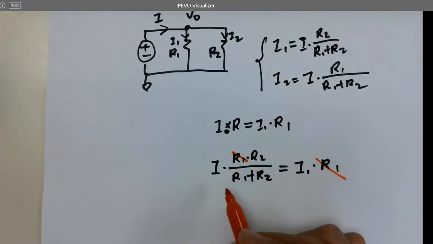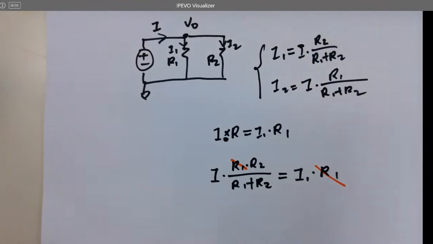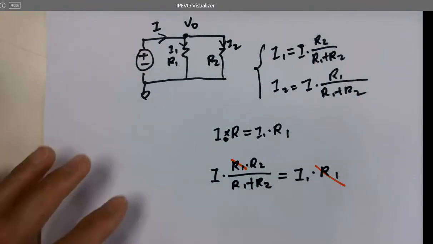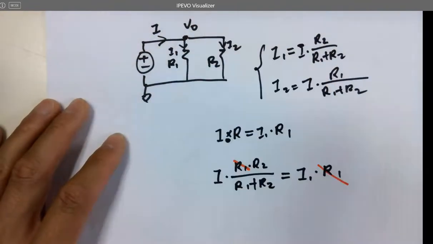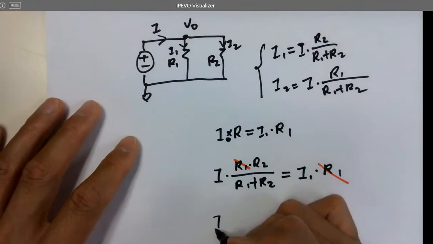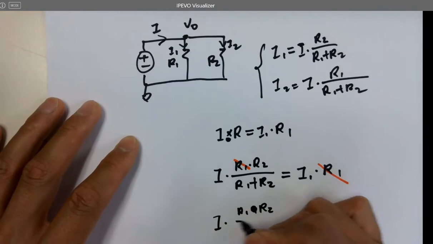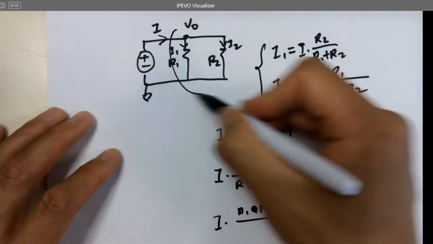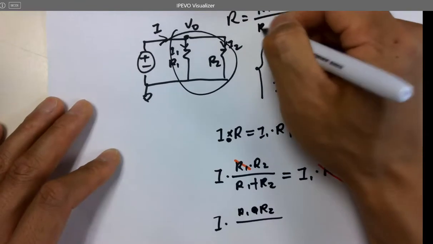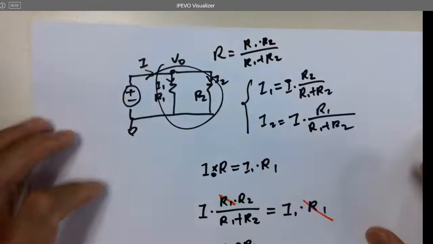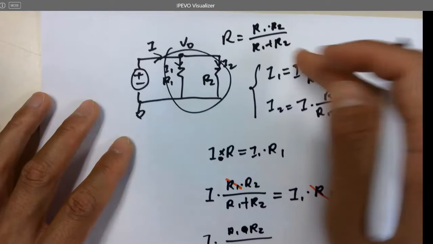So I1 is I times R2 over R1 plus R2, right? So that's a current divider. It's not a divider, it's just shunting the current, or dividing or splitting the current into two branches. So just do it in the same way, I times R1 times R2. You must have a question, why the overall R here equals R1 times R2 over R1 plus R2, right? I'll get into that pretty soon. Just assume this is the conclusion here, right?